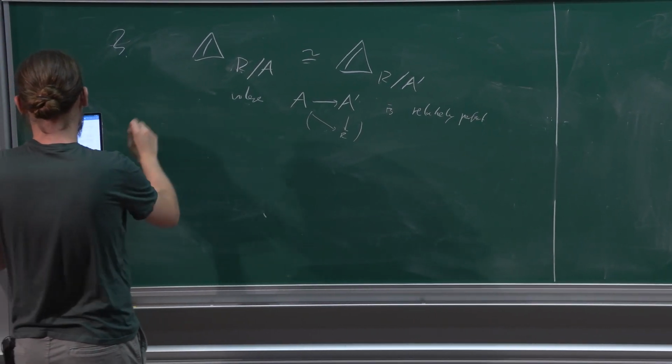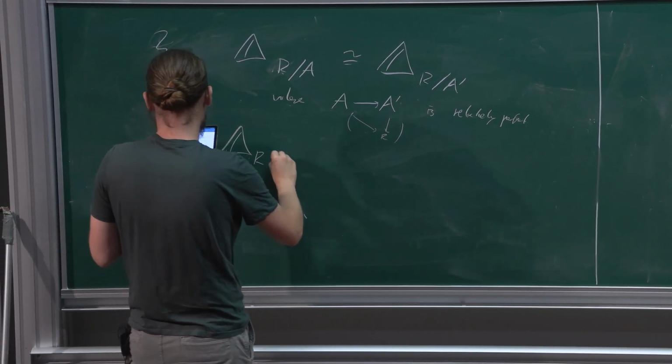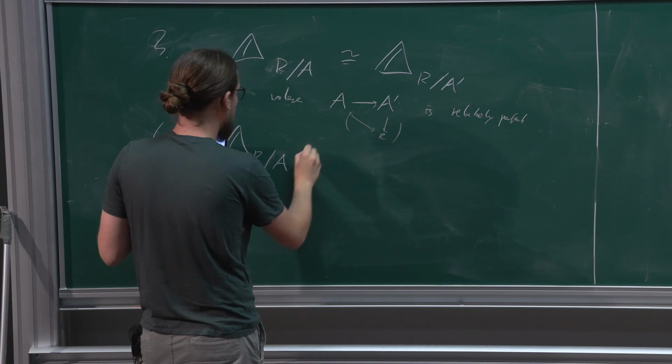And it also has some base change properties. Prismatic cohomology of R relative A.